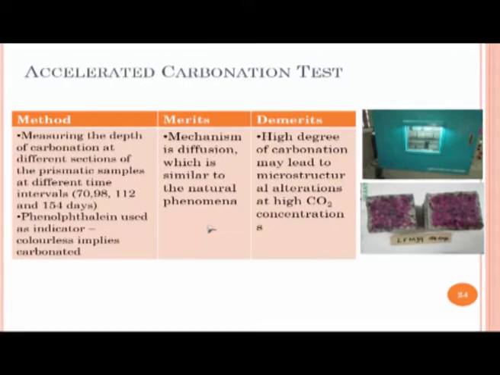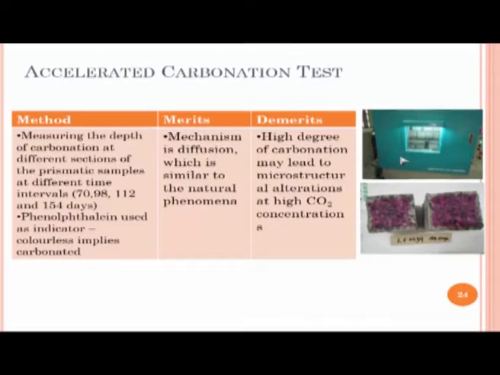So you can create similar conditions in the laboratory by working with these chambers. You see this chamber here on the right, that is a chamber in which I can control the temperature, the relative humidity and the carbon dioxide concentration. What we typically do is use a higher concentration of carbon dioxide, and that carbon dioxide penetrates the concrete specimens, and then over time we keep measuring the depth to which the carbon dioxide penetrates, okay.